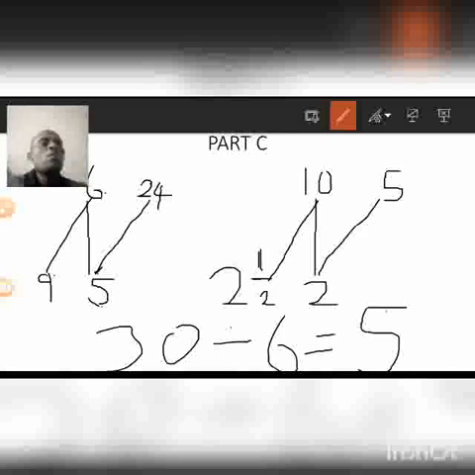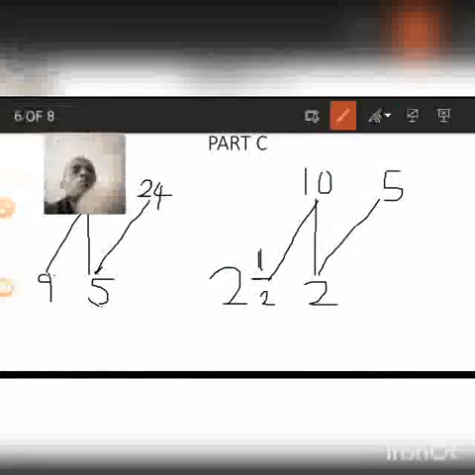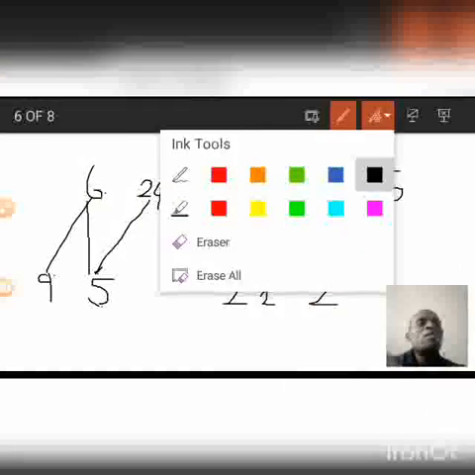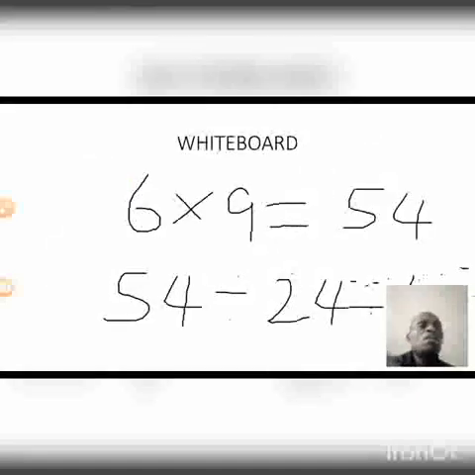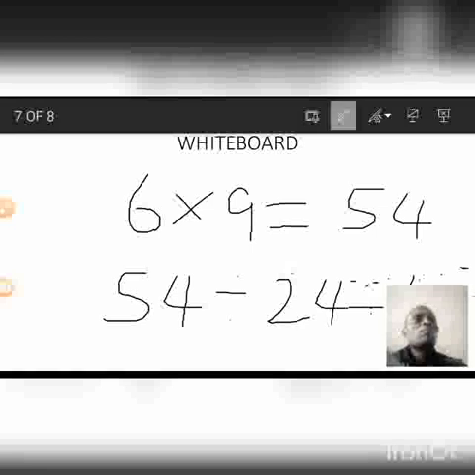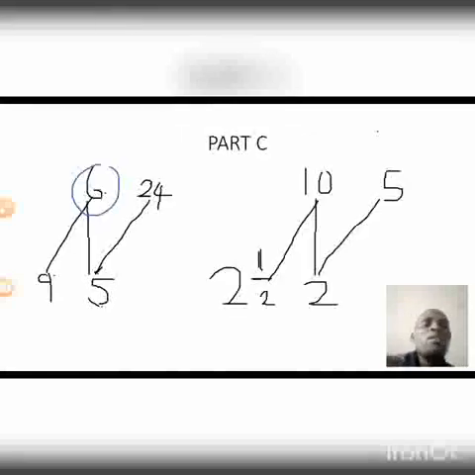One more to go. The 6. So, how do we get the 6? Once again, I'd like us to go to the board and see how this is done. To get the 6, we must remember that the 24 plays a vital role, the 9 and the 5.